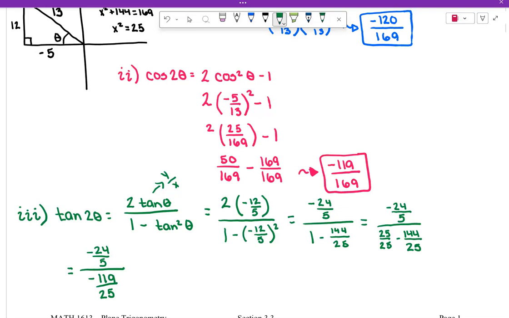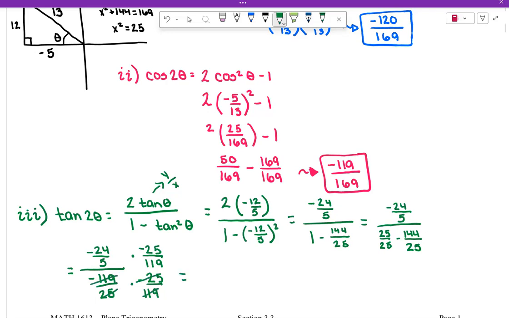And then we're going to multiply by that reciprocal, which to the bottom we do to the top. So 2 negatives will make a positive, sorry.